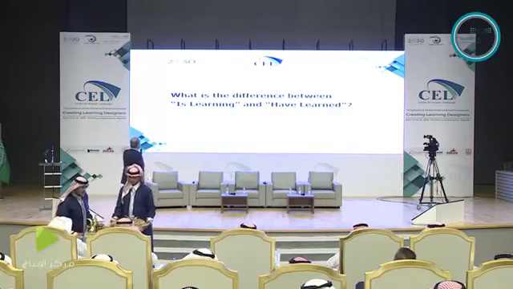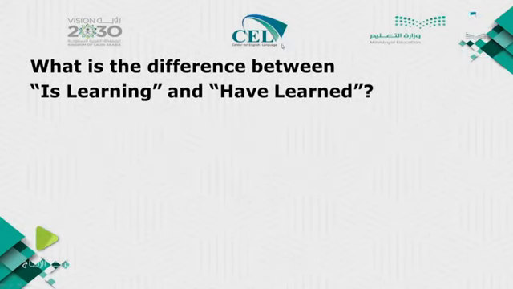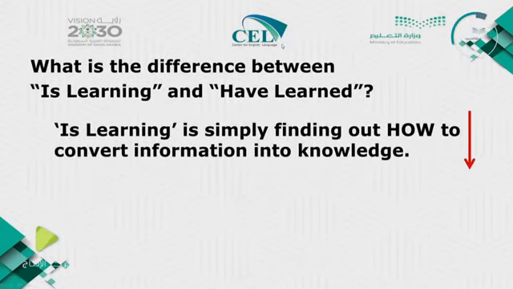So what is the difference then in a classroom? We're going to take that 5 periods a day, 6 periods a day, 5 days a week. How do we know, or how do we design each period so that the student will learn? There is a difference between is learning and have learned. Is learning will depend on who the student is and who the teacher is.